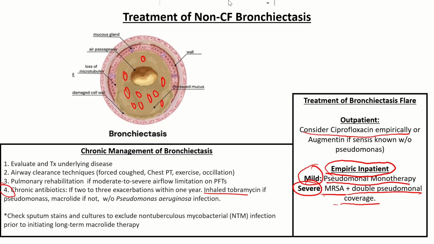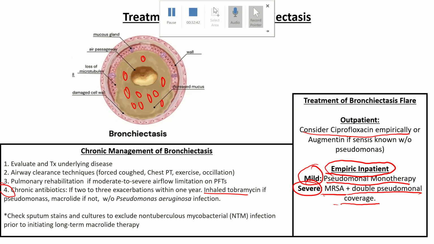But if you have a bronchiectasis exacerbation, so a patient with bronchiectasis coming in, you don't see an infiltrate so you don't think they have pneumonia, but maybe they have worsening dyspnea, cough, sputum production, wheezing: those patients get pseudomonal monotherapy if mild and no previous micro, and if it's severe, or even a moderate exacerbation, get double pseudomonal coverage, and that's it.